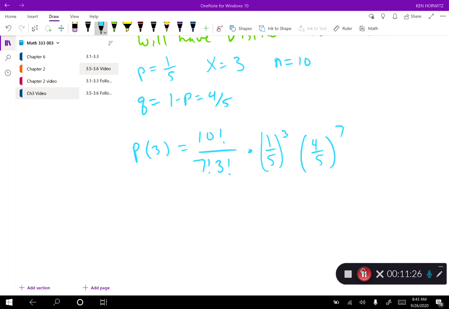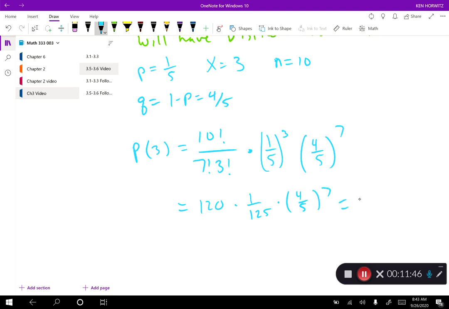All right, hopefully you put this into your calculator. And we see that if we do the combination, I get 120. If I do 1/5 to the 3rd power, I get 1 over 125 times 4/5 to the 7th power.